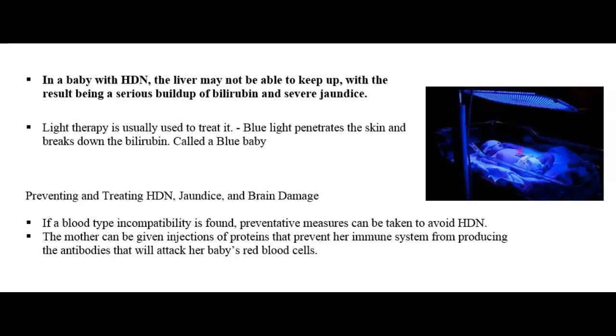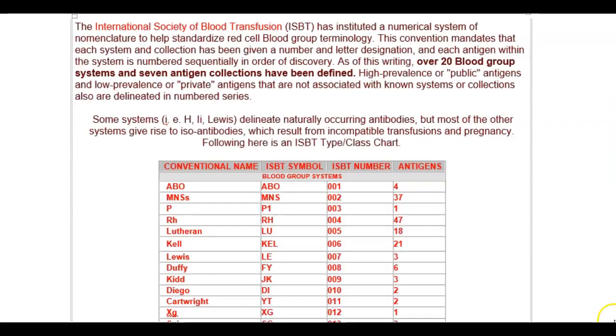The mother can be given injections of proteins that will prevent her immune system from producing those antibodies, so they'll no longer attack her future baby's red blood cells, or even if she's pregnant at the time. Or even in her first child, if they have this condition, she can be given the shots so that she'll not produce the antibodies against her next child. We will do some genetic problems with this in the future.